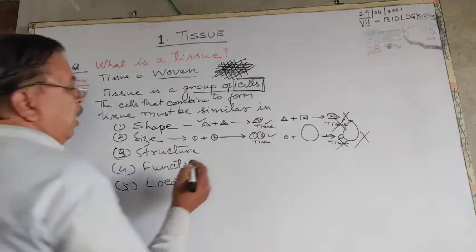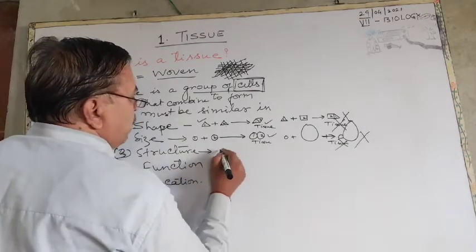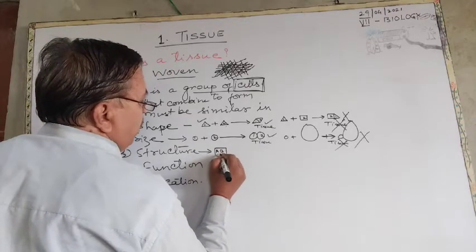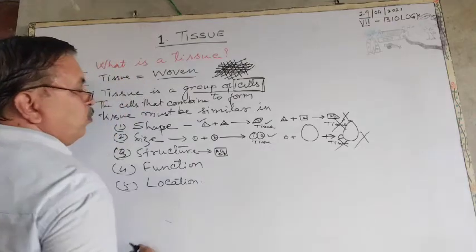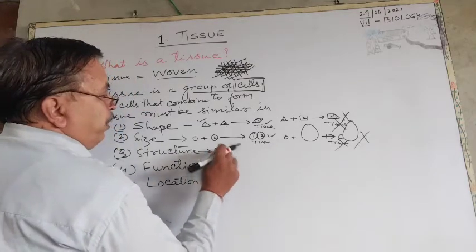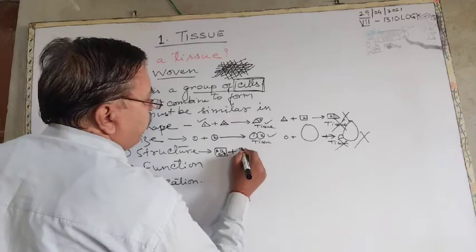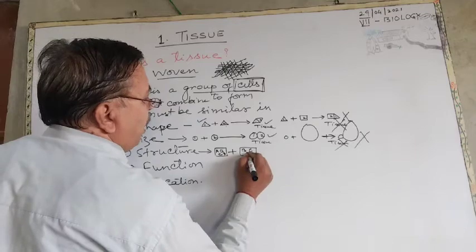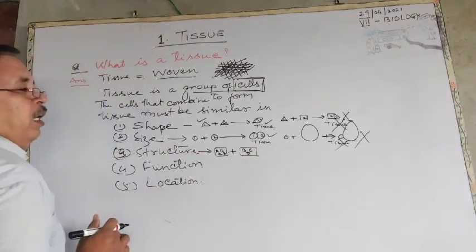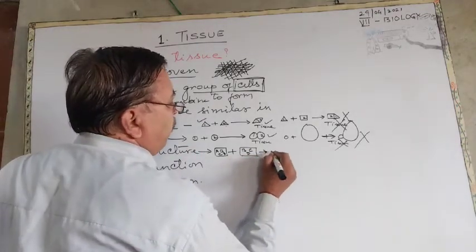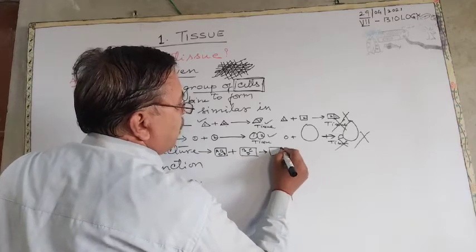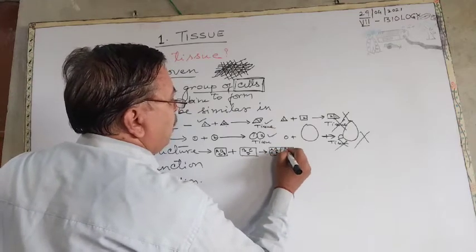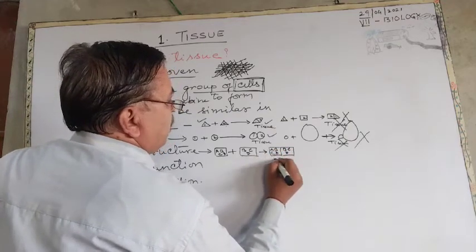The third aspect I am telling you is structure. Suppose there is a cell made up of A, B, C, D. These four things make this first cell. It combines with another, suppose made up of B, C and D, and then you will have a tissue of this kind. Here you will see A, B, C, D, B, C, D. This is tissue.